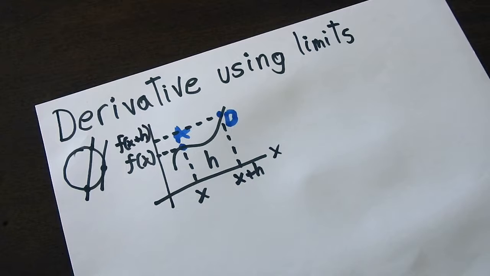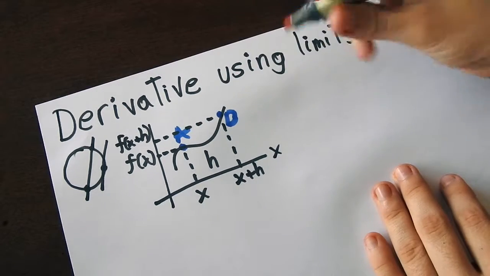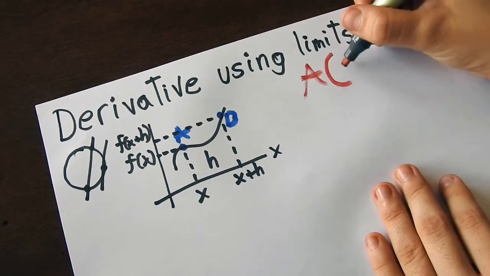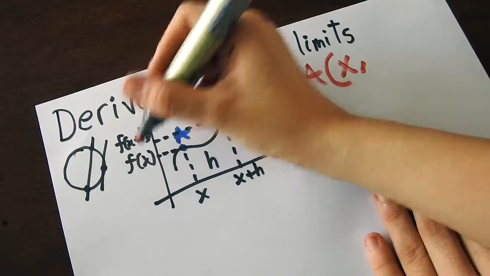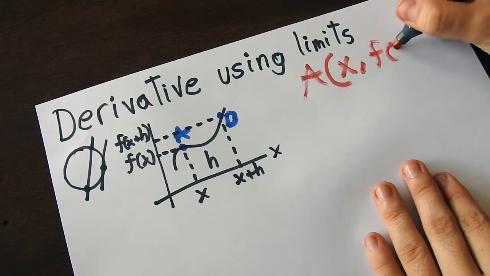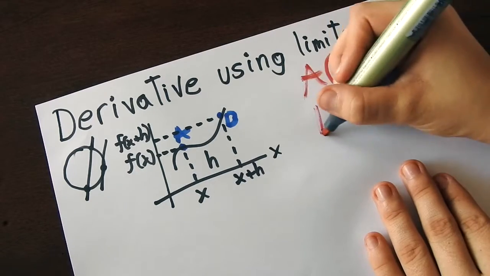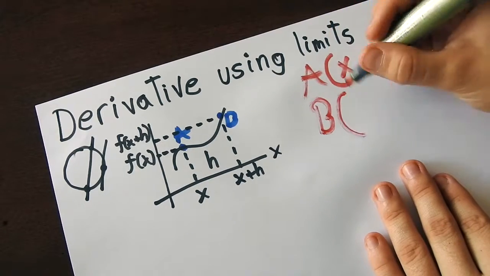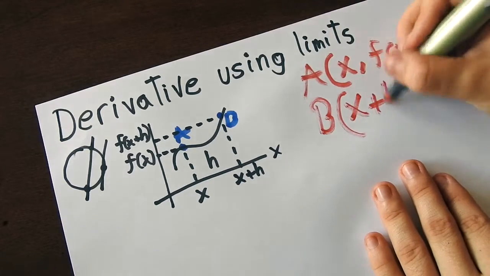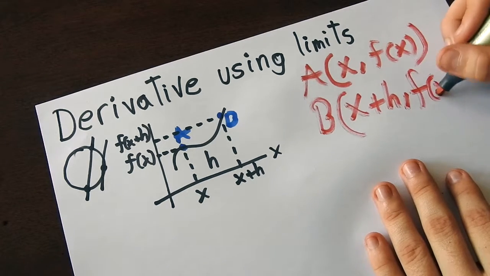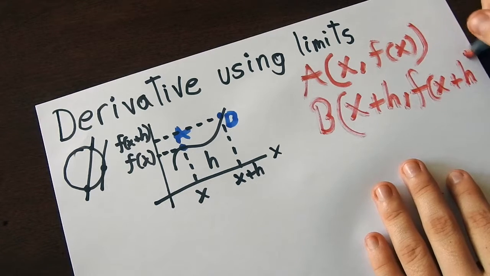Now let's write the coordinates over here. Point A is going to have coordinates x and f of x, and point B is going to have the coordinates x plus h and f of x plus h.